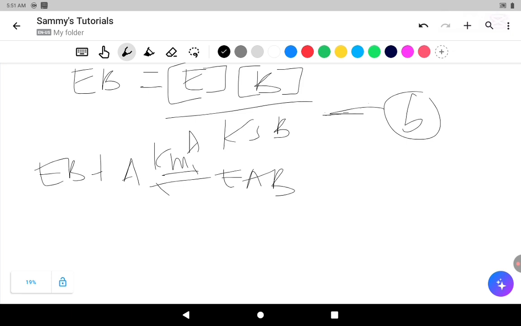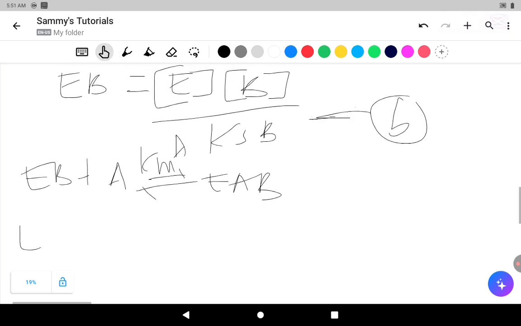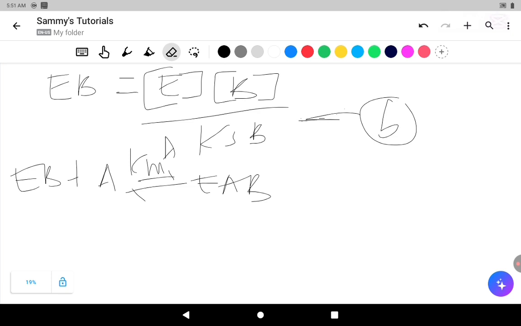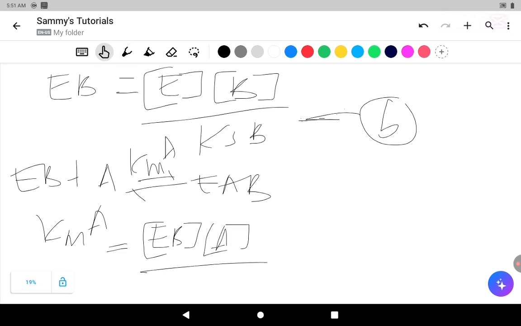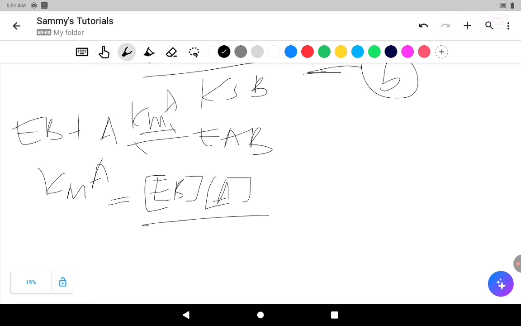Using the same mechanism, KMA equals to EB and A all over EAB, ternary complex.